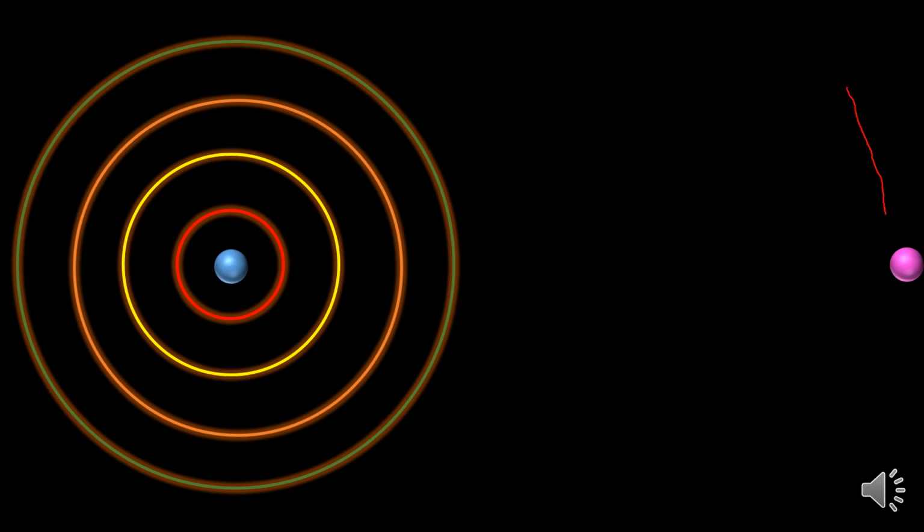Now I have another charge brought closer. Say this is a positive charge, and this one is also a positive charge. So what will happen now? Suppose initially the potential here is 5 volt, here 4 volt, here 3 volt, and the potential here is 2 volt.